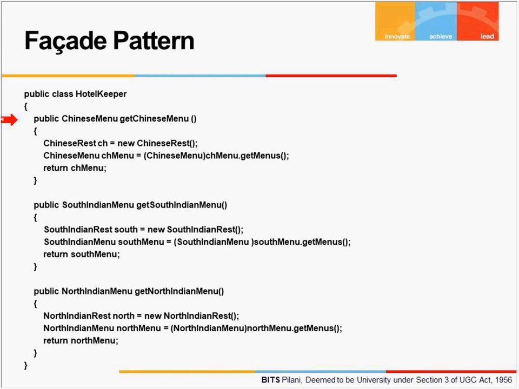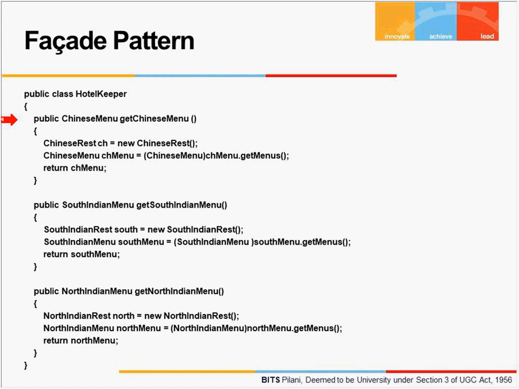For example, they might say they want to order F1, F2, F3, and F4. We don't know what kind of food it is, right? So it might be Chinese, one would be South Indian, something would be North Indian, something would be another Chinese, or something like that, right?